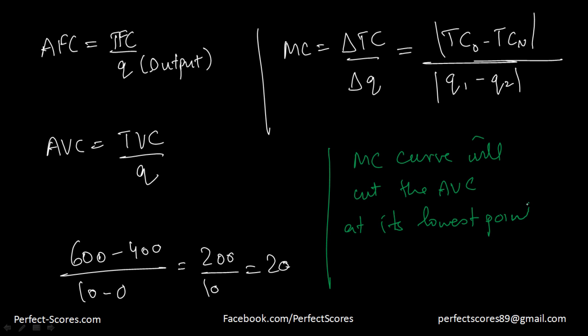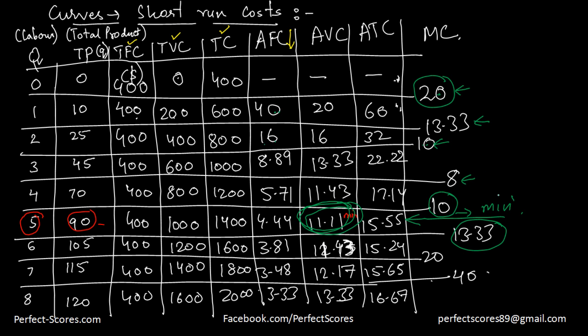Again, very important. Clearly, see here, the marginal cost is between 10 and 13 here. And it's minimum 11.11 for average variable cost, but in this range, marginal cost is going to be between 13.33 and 11, which means it will meet the average variable cost at 11.11.